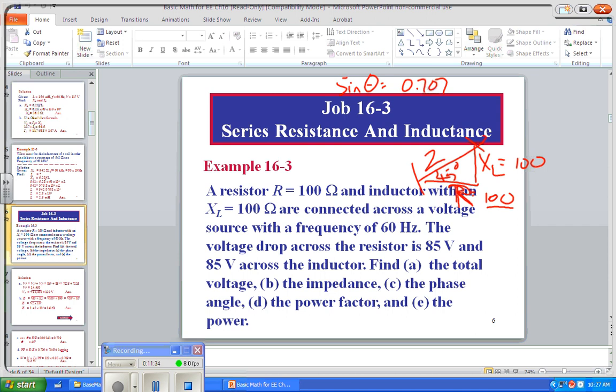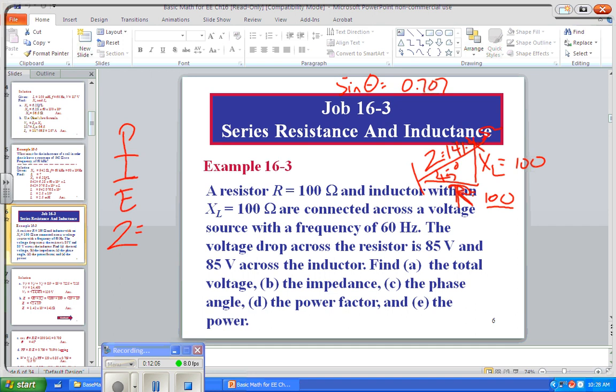And this is going to be pretty simple because we could do this by the Pythagorean theorem, right? 100 squared plus 100 squared. Add that together. Take the square root of that: 141.4 ohms. And that is the total impedance of this circuit we're talking about. So when we're talking about PIEZ, we don't have R down here because it's no longer just resistance.